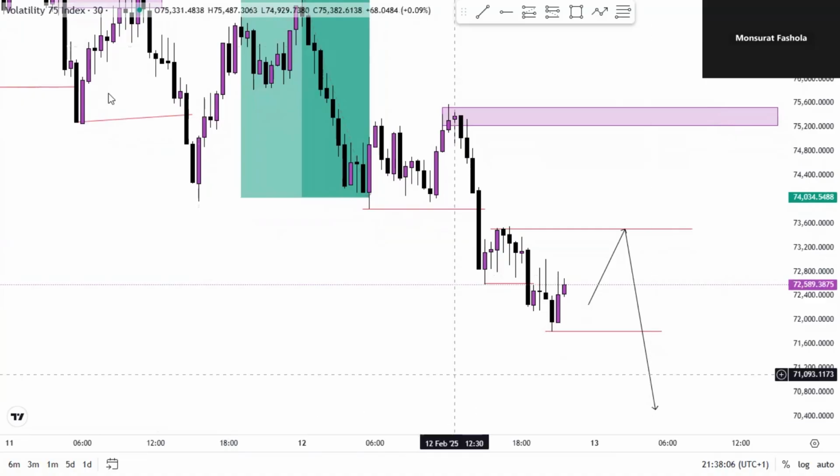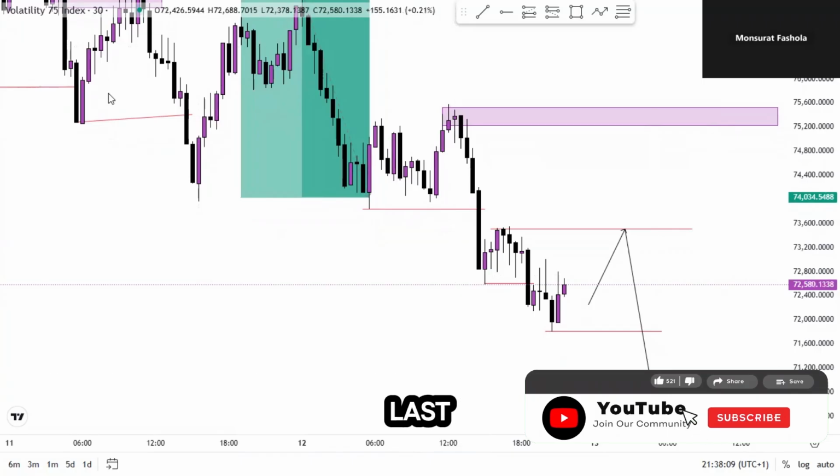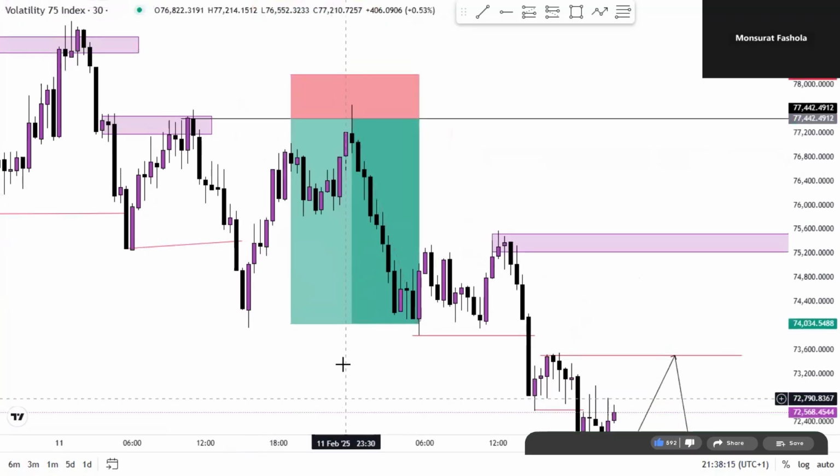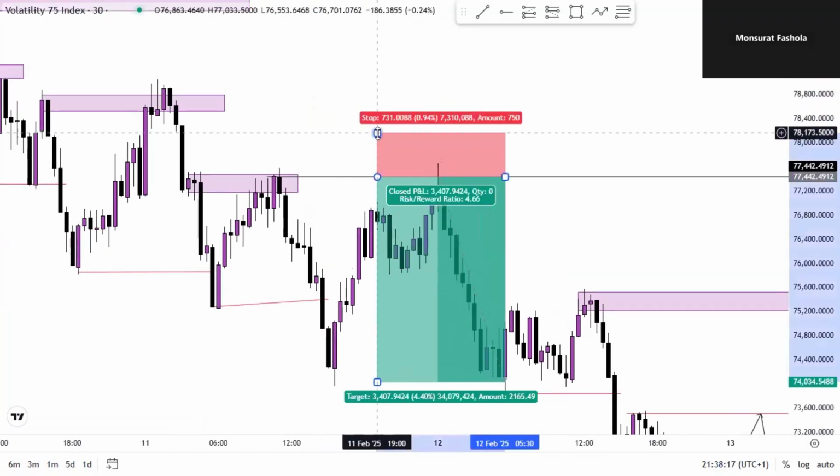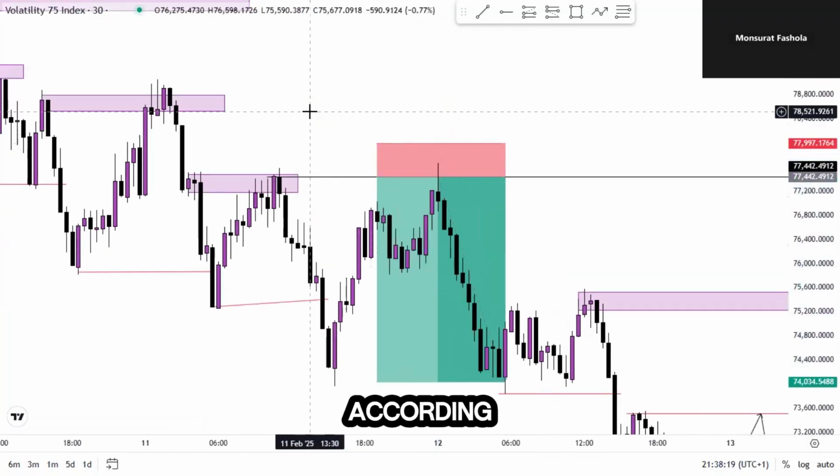Can I ask one last question before you go? How do you measure your stop loss? I measure my stop loss according to my capital. The MT5 we have right now has made it possible for us to adjust our stop loss.